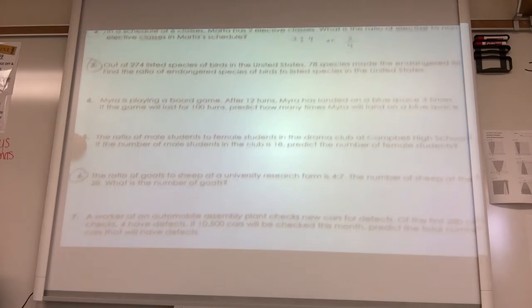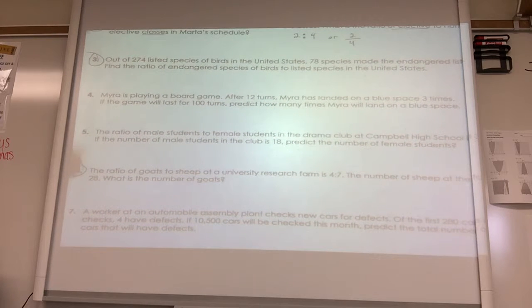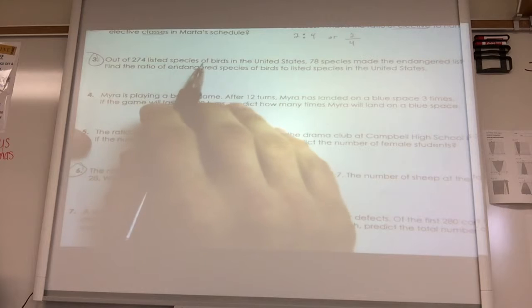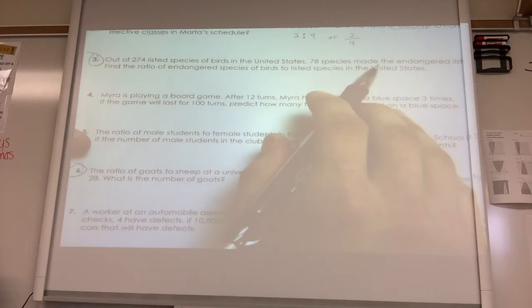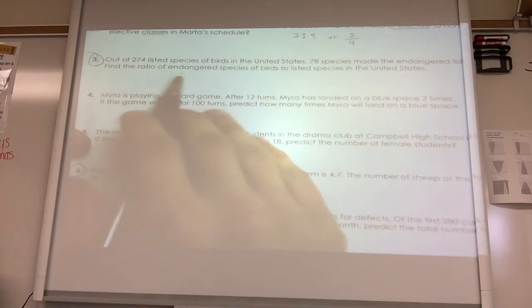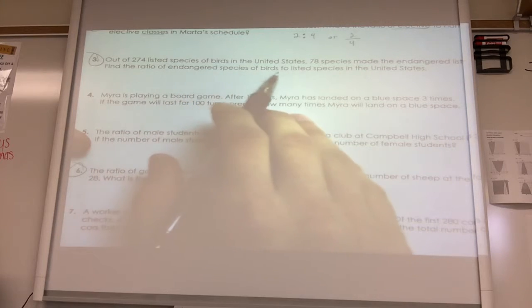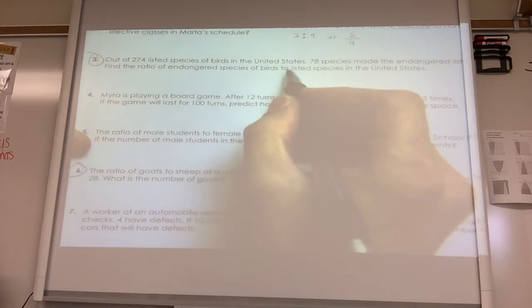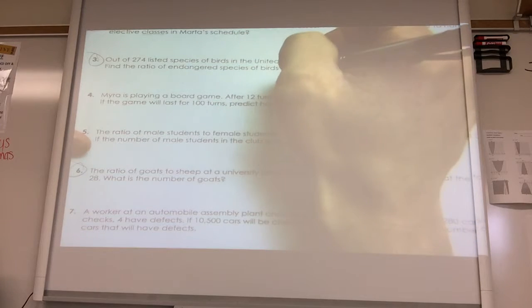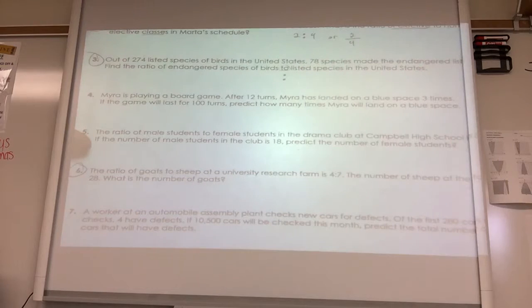All right. Number 3. Out of 274 listed species of birds in the United States, 78 species made the endangered list. Find the ratio of endangered species of birds to, so endangered species of birds, guys, it even says 2. So look, for the word 2, I'm going to put a colon.